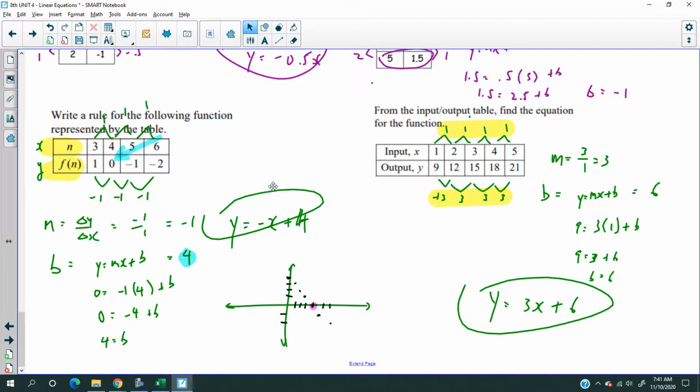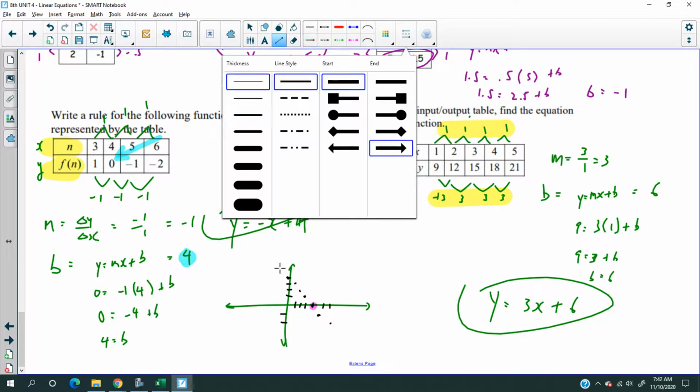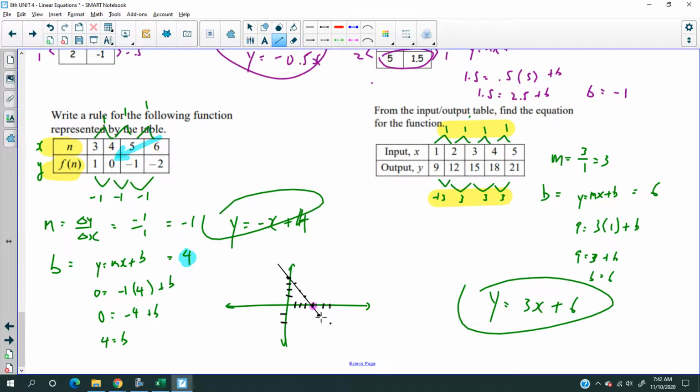So how did that happen? Watch this. Hold on. Gotta get the lights. How did that happen? It's only because the slope was -1 that happened. So meaning, if you plot all these points, it would be this. So in other words, the line crosses 4, 0, but also 0, 4.